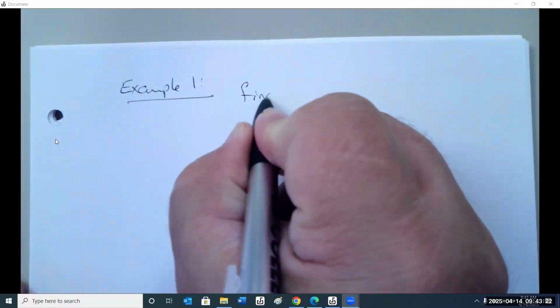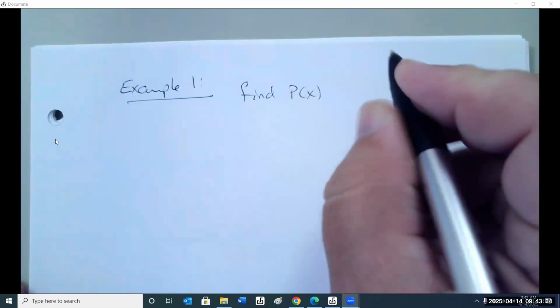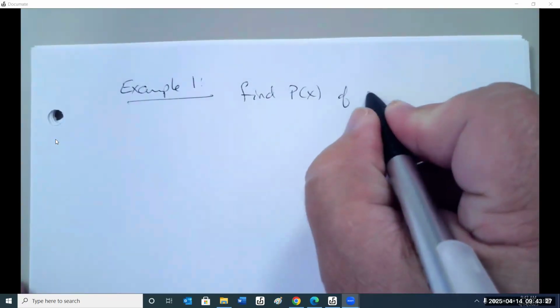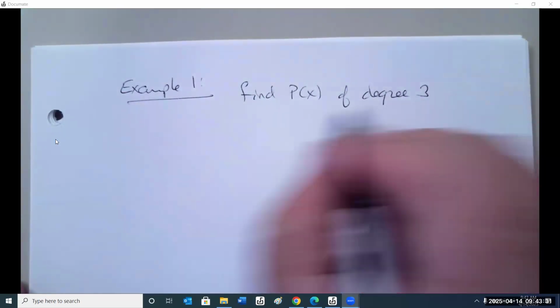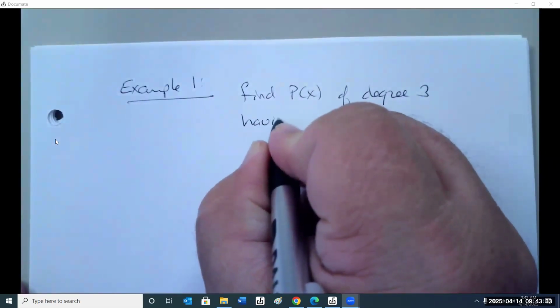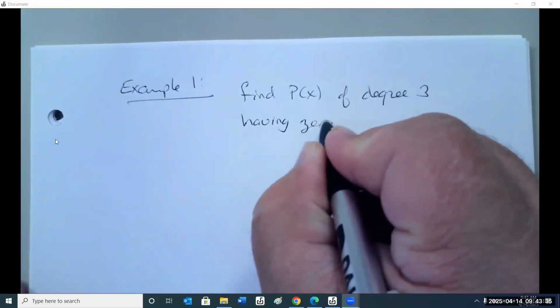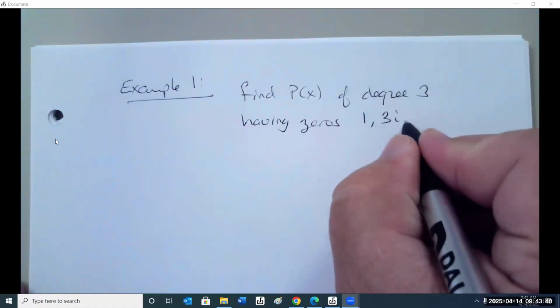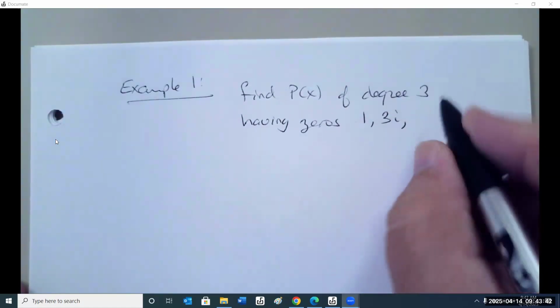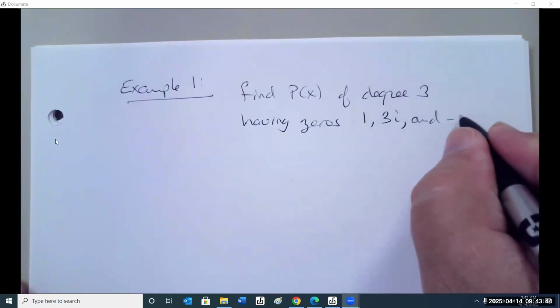Example 1. Find P of x of degree 3 having zeros 1, 3i, and -3i.